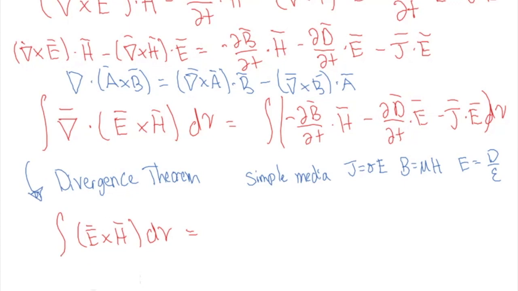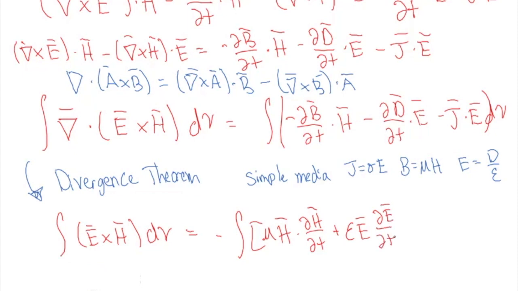So now we can rewrite our right-hand side as the negative integral of mu times the magnetic field dotted with the time derivative of the magnetic field, plus epsilon times the electric field times the time derivative of the electric field, plus the conductivity times the magnitude of our electric field squared. And this is all with respect to dV.